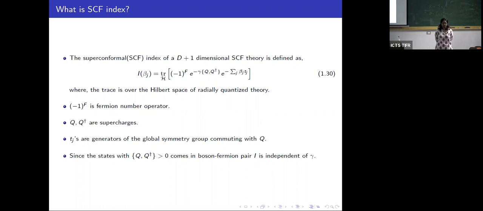Yes, the superconformal index will probably contain those also, because it counts all operators. There I did it specifically for the monopole operator, but there can be other operators as well. Yeah, that's true. You cannot get the index directly from there.